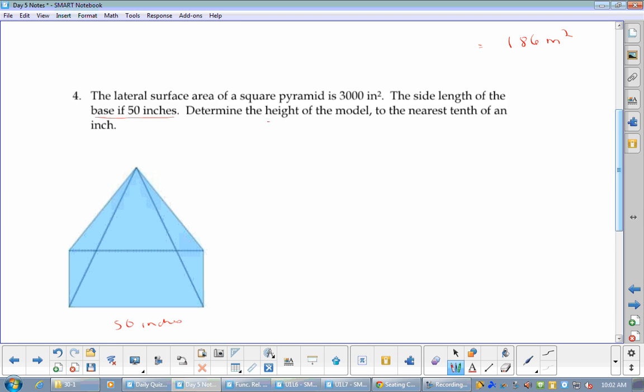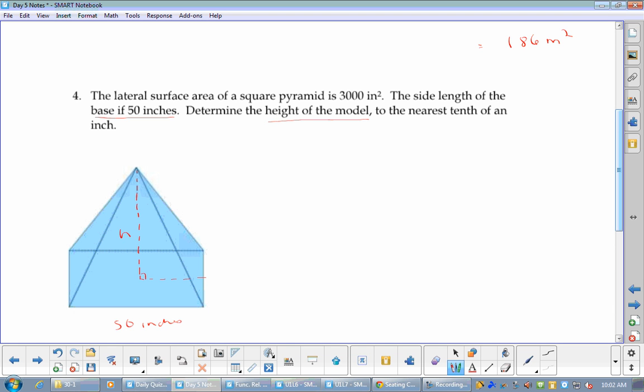Determine the height of the model. So it wants this. It wants height. Okay, this is a good one to do as a class.